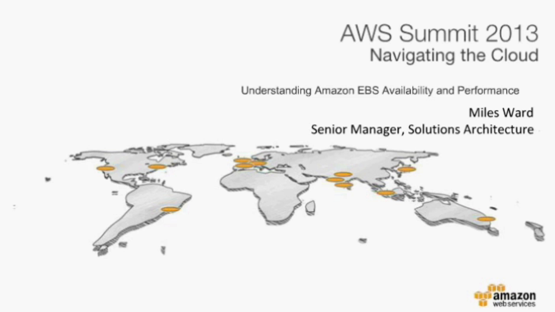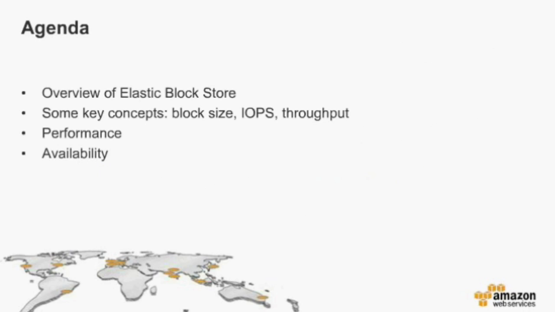From an agenda standpoint, we're going to walk through some definitions around EBS. What is that system? How does it work? What are the other tools from Amazon that it interacts with? Some places where you can use it. And then go through some key concepts that are really critical in understanding what we see most customers spending the most time around, which is planning and projecting and scaling and scoping their design of EBS inside of their application.